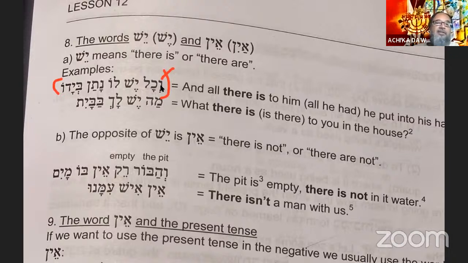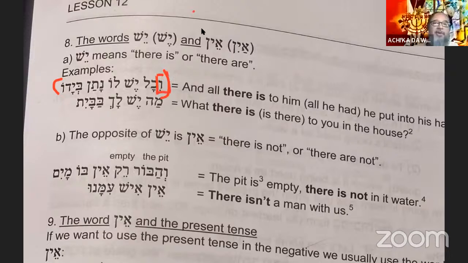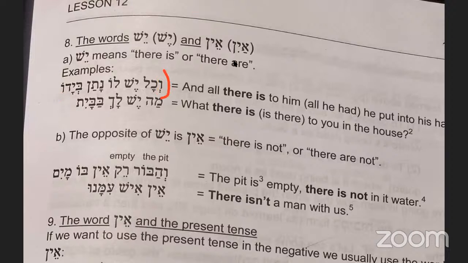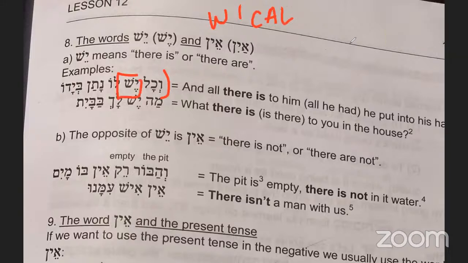What do you got? What letters is? That's the wa. So we got a W. Wakol. Wakal. Exactly. Wakal. Yesh. Yesh.